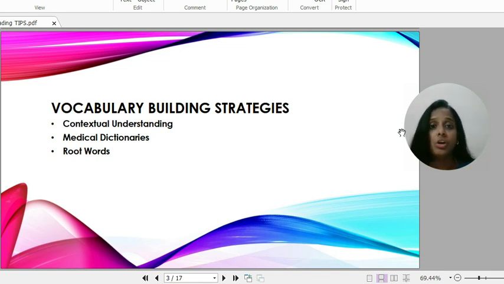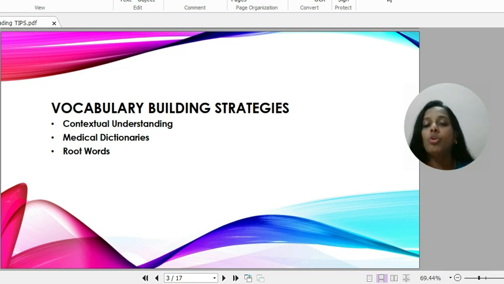For instance, if you come across a term like tachypnea in a clinical passage, and the sentence reads: the patient exhibits tachypnea with a rapid rate of 30 breaths per minute and shallow breathing, you can deduce that tachypnea relates to an abnormal increase in the rate of breathing due to the context provided by the description of rapid and shallow breathing. So you need to look at how the word is used within the sentence and the general tone of the surrounding information in order to make a guess about its meaning.